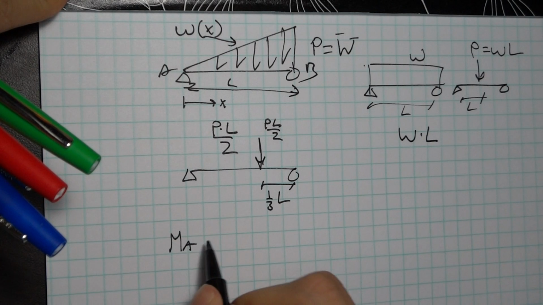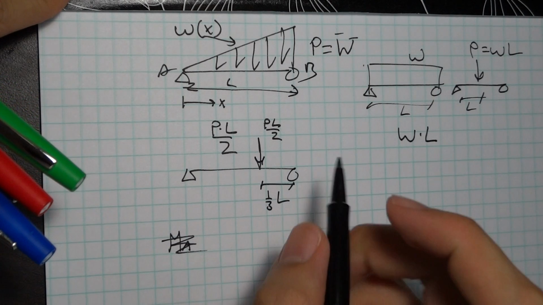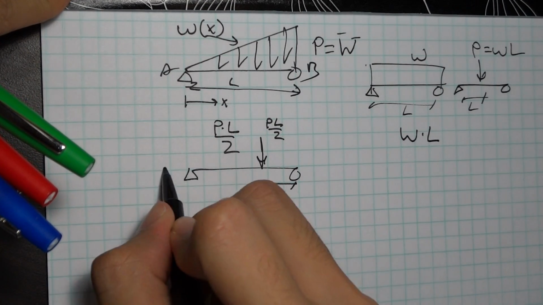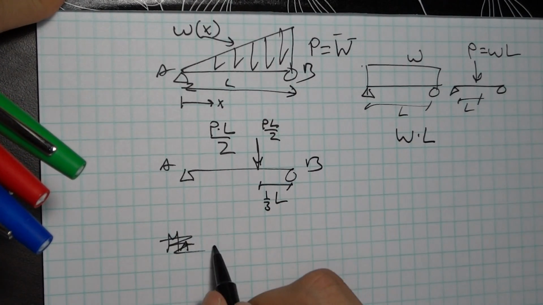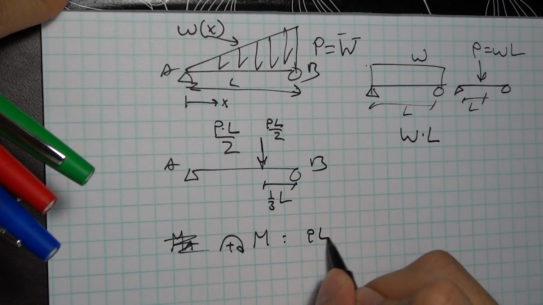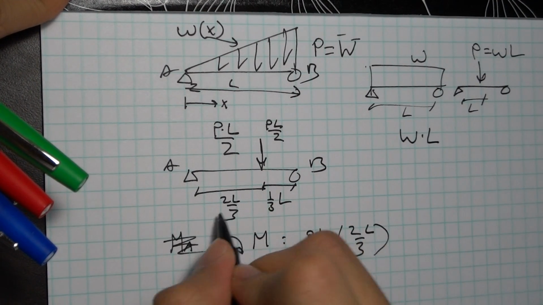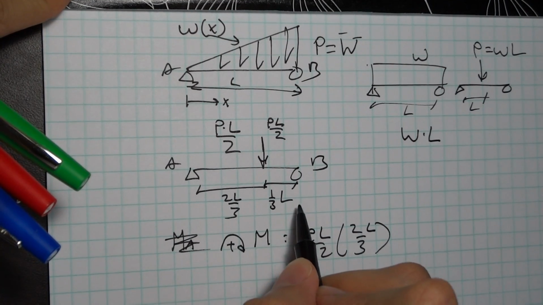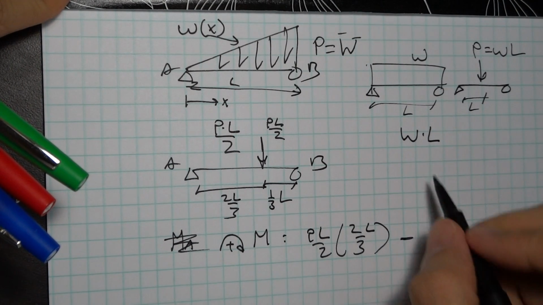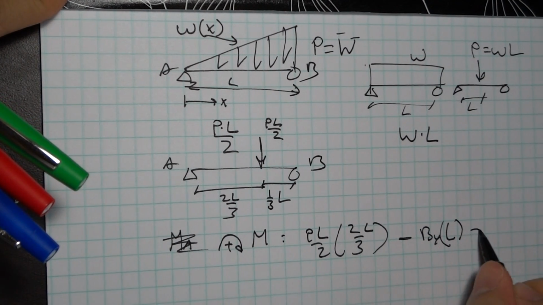The reason this being off center is important is that when you're finding your moment, it is based on these two arms. If we take the moment about A to get the reaction By, with clockwise being positive, you have PL over 2 times 2L over 3, because that's this length; 2L over 3 plus 1/3 L equals L, the total length, minus ByL equals 0.